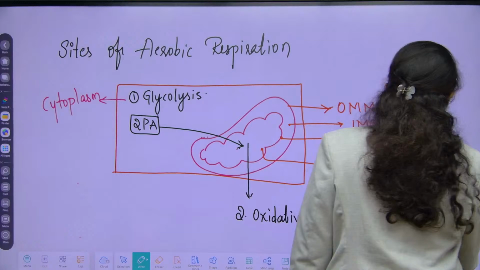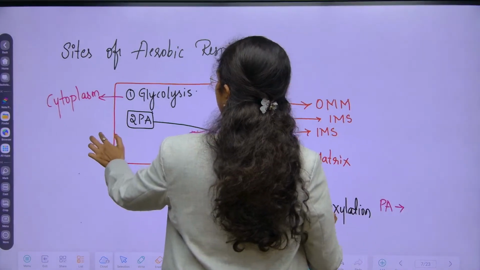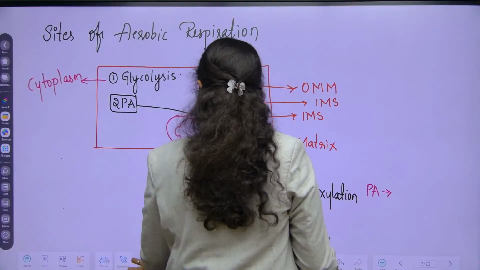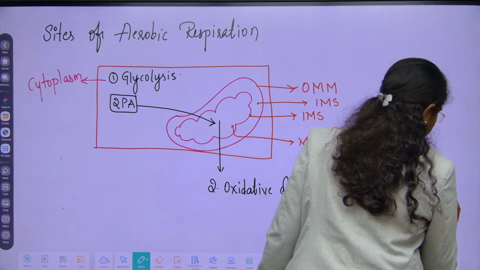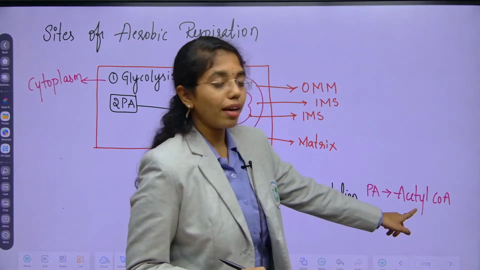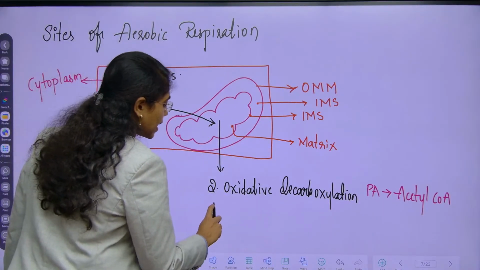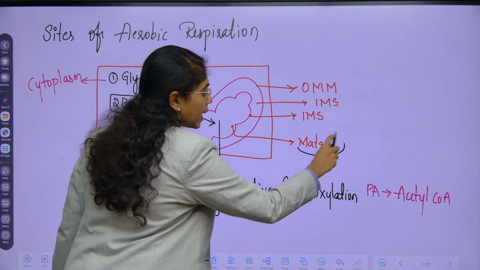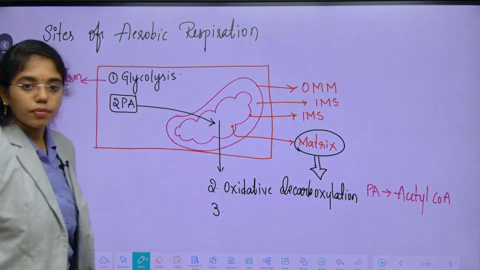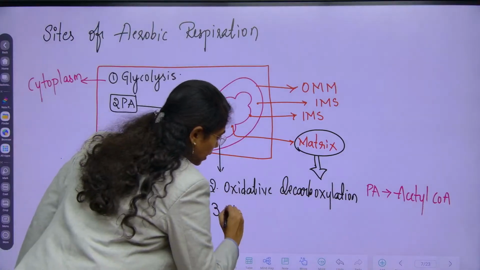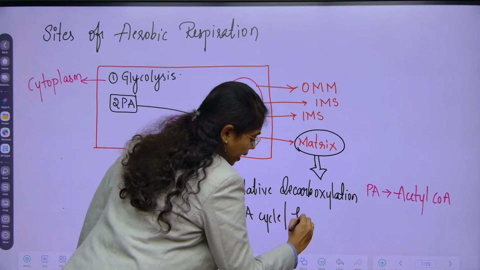Pyruvic acid will turn to acetyl-CoA. And this acetyl-CoA, which is the starter of TCA cycle, here the journey of TCA cycle will start again where? Inside the mitochondrial matrix itself. Got it? Second is TCA cycle or Krebs cycle.